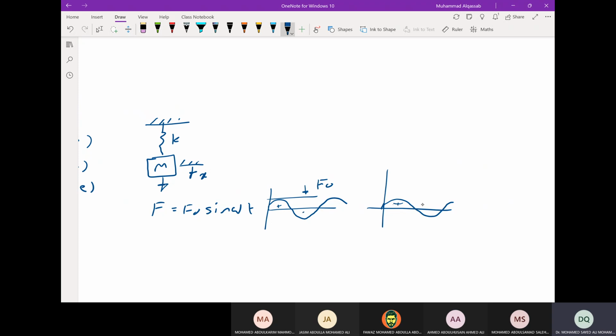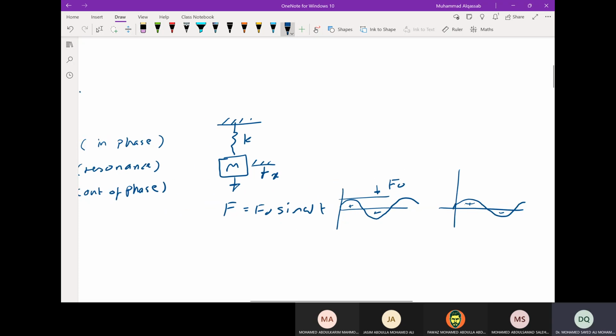If f is negative, x is also negative. That means since the frequency is less than omega n, the system is in phase. It is not lagging, especially if there is no damping. It will follow the force. So if you are pushing slowly, less than the natural frequency, the mass will move with the force. If the force is upward, the mass will move upward. If the force is downward, the mass will move downward. So this is in phase.